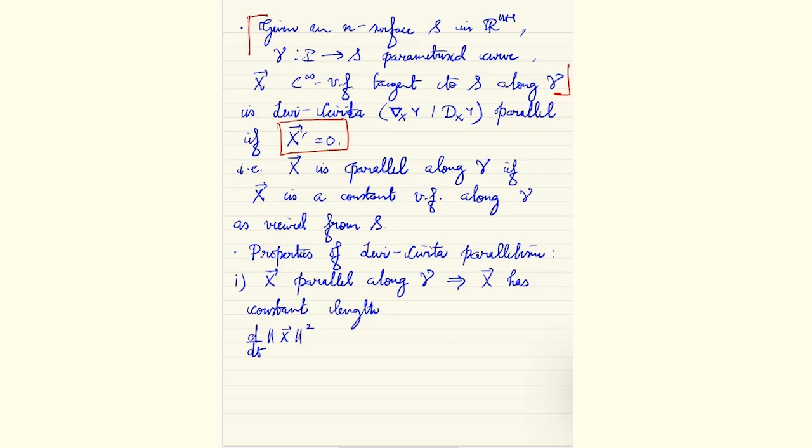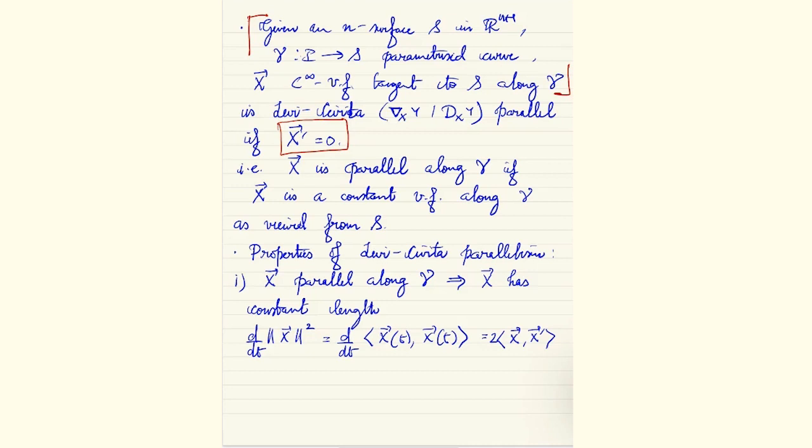So this is d by dt of the inner product of x with itself at every time t, and this is, of course, twice, because of symmetry, the inner product of x and x prime.